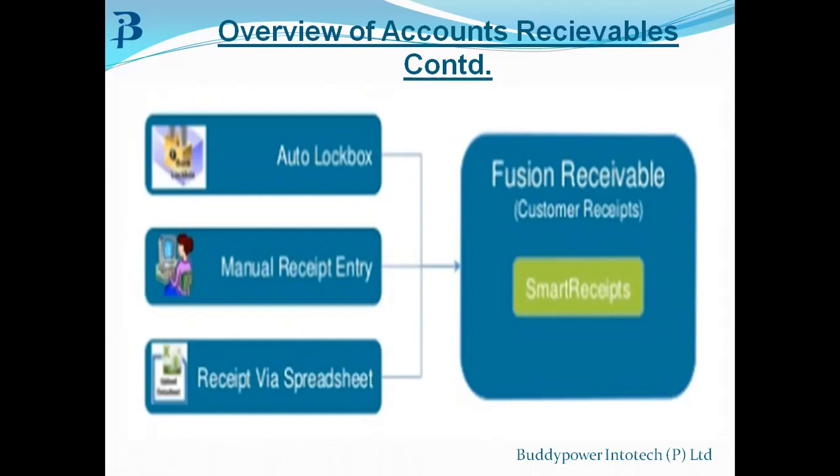A lockbox operation can process millions of transactions a month. This auto lockbox eliminates manual data entry by automatically processing receipts that are sent directly to your bank. Once all the entries are done, when the payment is due, it will automatically send a notification to the bank saying that all these payments need to be received.